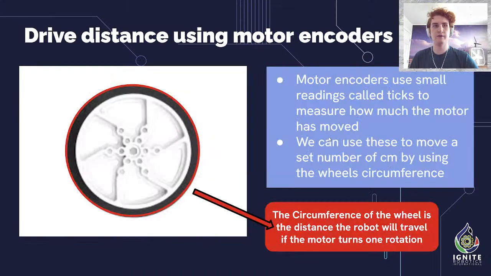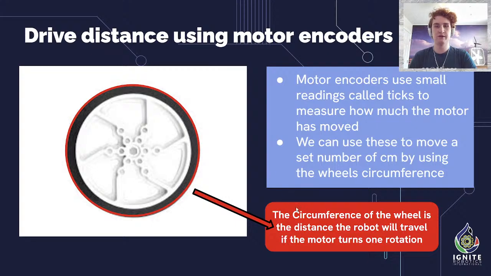So in order to get it to move properly, though, we don't want to just rely on setting powers and then waiting. So let's talk a little bit about getting it to drive a specific location. Motor encoders, as we talked about a little bit earlier, use small readings called ticks to measure how much the motor has moved. And then we can use these to calculate ticks to centimeters and then drive a specific distance forward in centimeters based off of that.